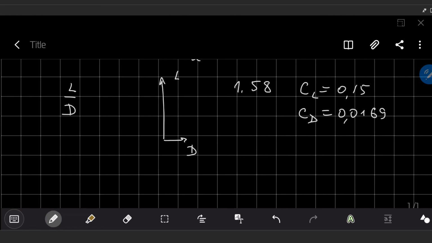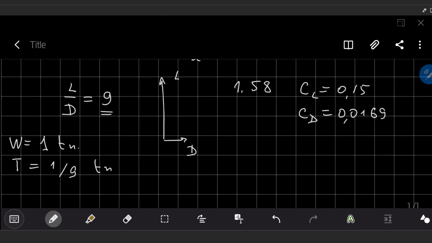What does it mean? Let's assume it's approximately 9. If the lift to drag ratio is 9, it means that we can have 9 times smaller drag or thrust of our engine to fly this airplane. For example, this airplane weighs 1 ton, and so the thrust of the engine should be 1/9 of a ton.